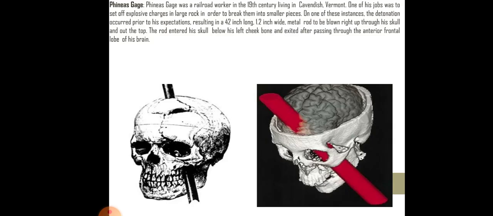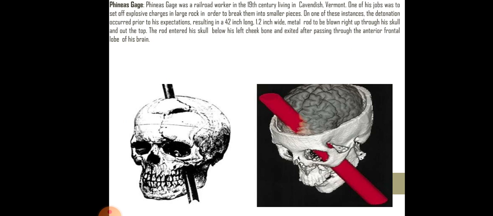The example of injury to the frontal lobe is this: there was a person known as Phineas Gage, a railroad worker in the 19th century, and one of his jobs was to set off explosive charges in large rocks in order to break them into smaller pieces.